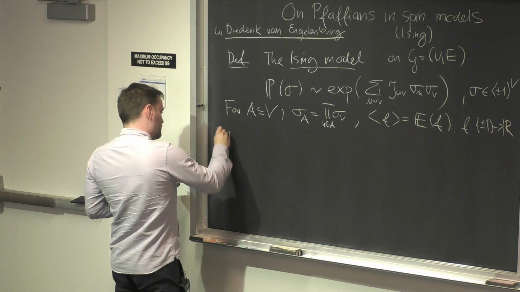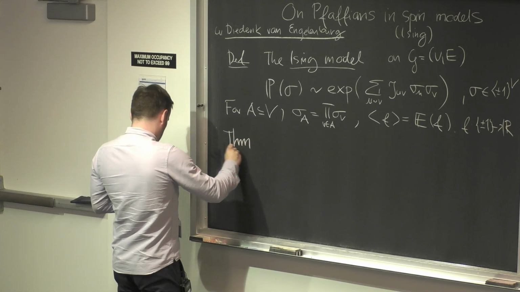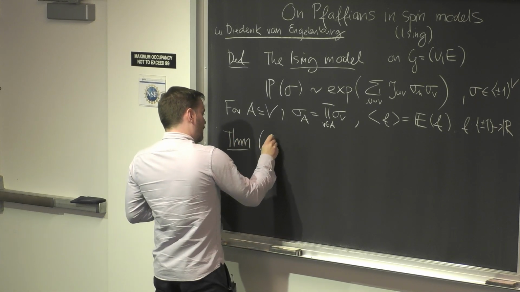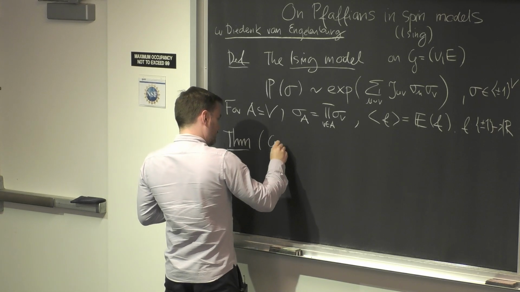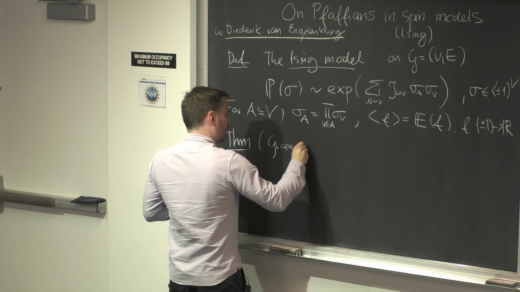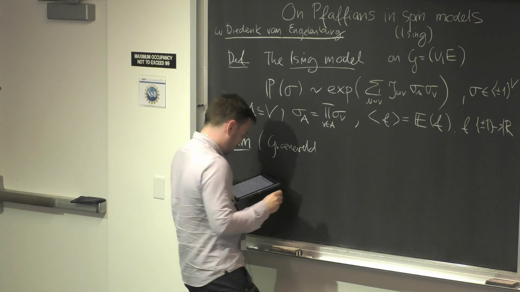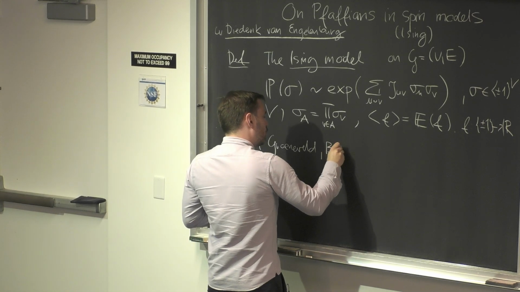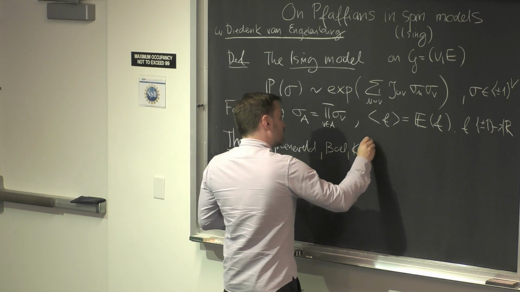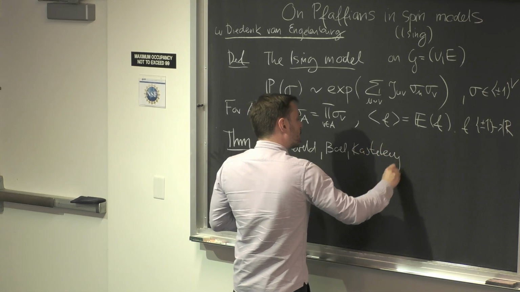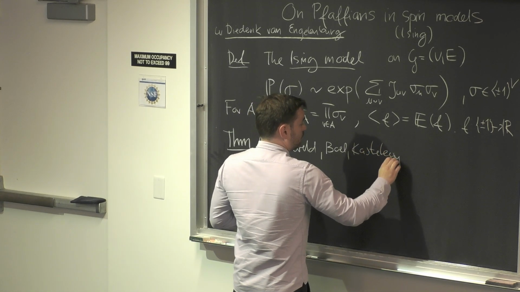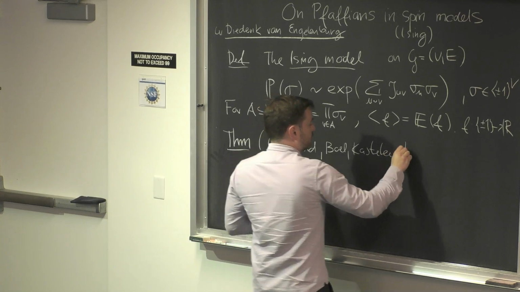OK, so I state the classical theorem. It's from 1978, and it's by Groeneveld, first author. It's not alphabetical, but that's how it's on the paper. Boel and Kasteleyn, from 1978.